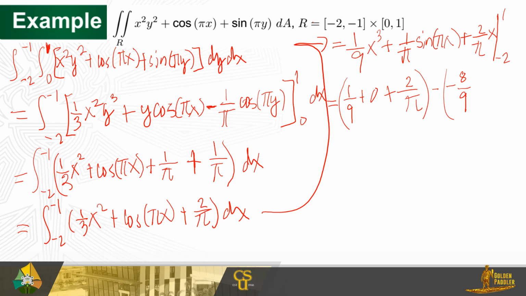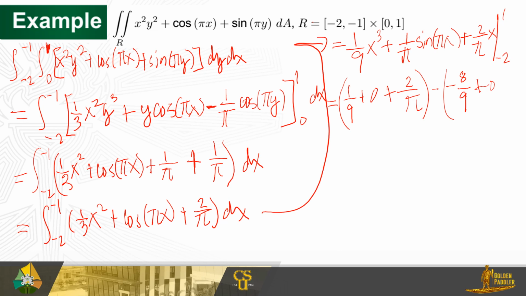Then we have sine of pi times -2. So it becomes sine of -2pi, still 0 because it lies on the x-axis, no? So that is plus 0, or you can also use your calculator, no? The evaluation is 0.